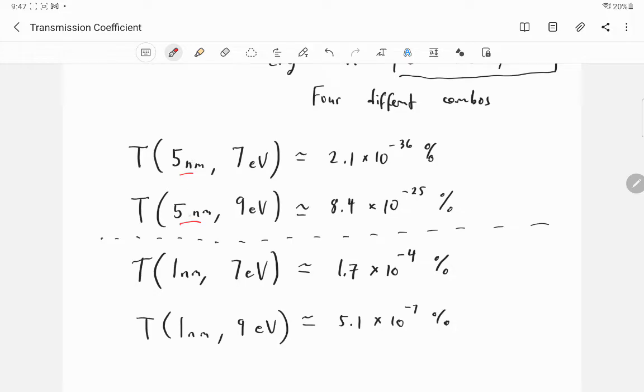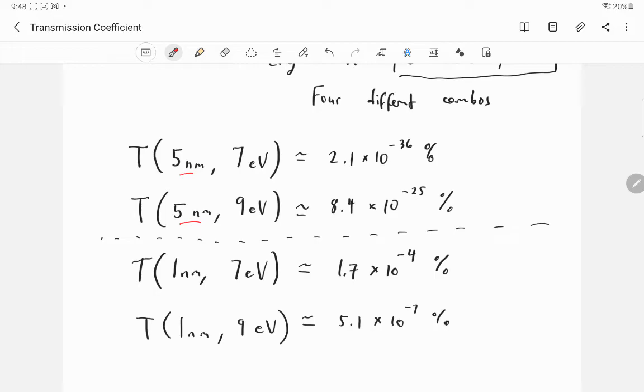But if you keep the same barrier height, but fire higher energy particles at it, they're still not classically able to go over the top. But look at how different the transmission coefficient is. It's 10 to the minus 36, and then it becomes 10 to the minus 25. And if you think about it, that's a factor of 10 to the 10th difference. That's a huge difference in transmission coefficient just based on a small change in energy.